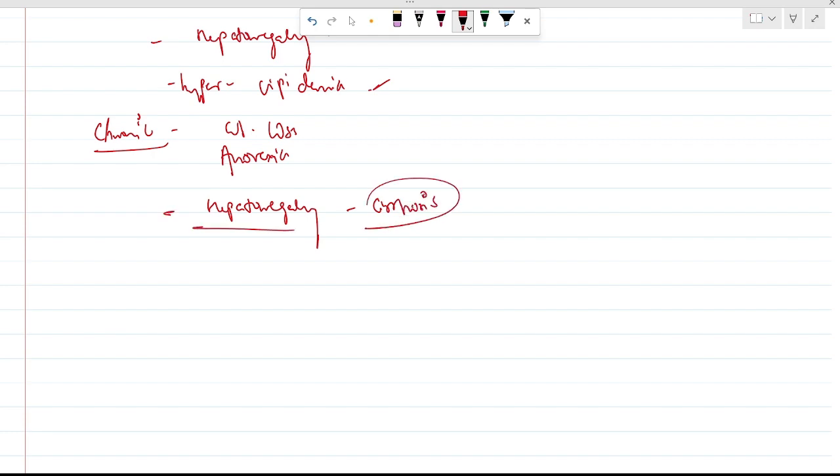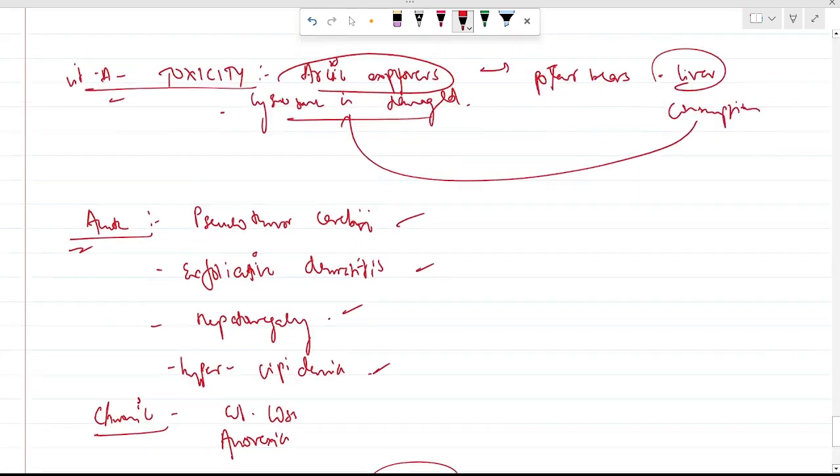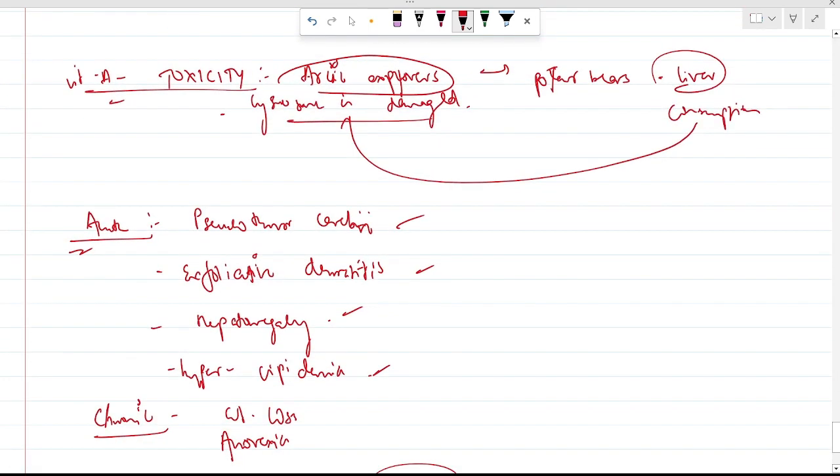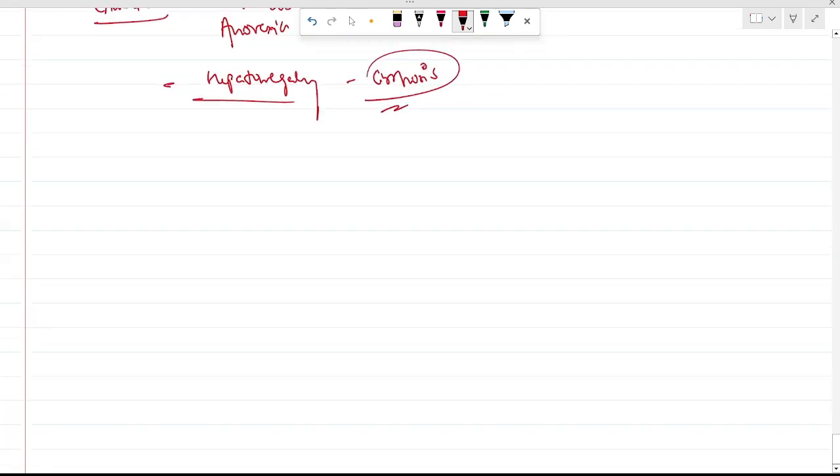There is progressive damage of the liver cells, leading to cirrhosis. So we discussed vitamin A toxicity, acute and chronic.